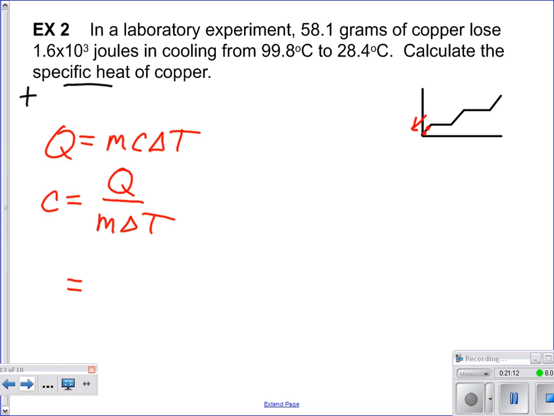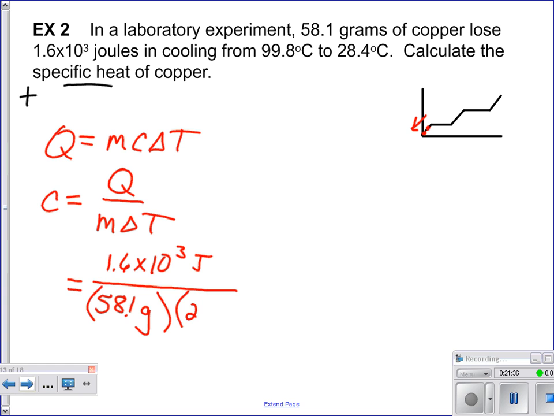So your Q, excuse me, is 1.6 times 10 to the third joules. I'm going to come back and say something about that in a second. My mass, I see, is 58.1 grams. Notice I'm still writing all my units in there. And then my change in temperature is 28.4 minus 99.8 degrees Celsius.